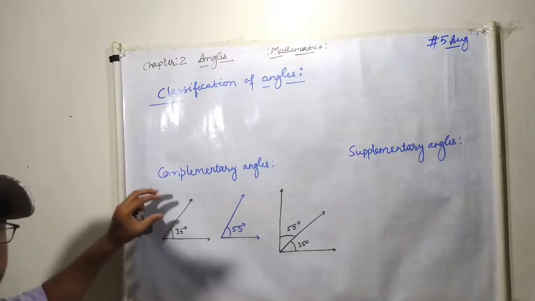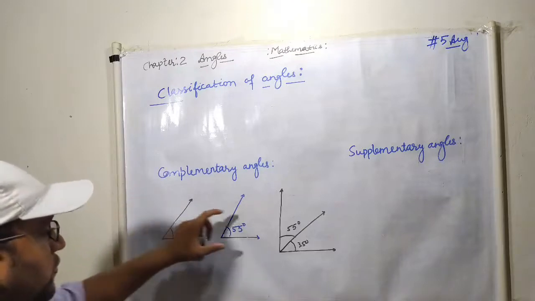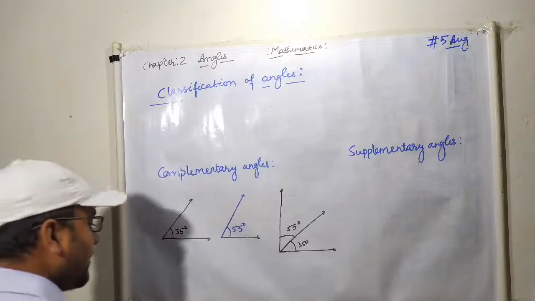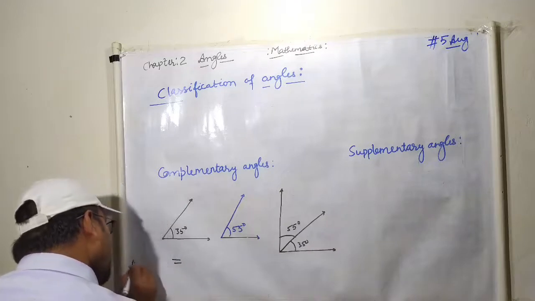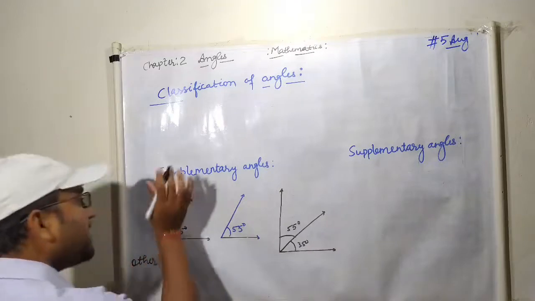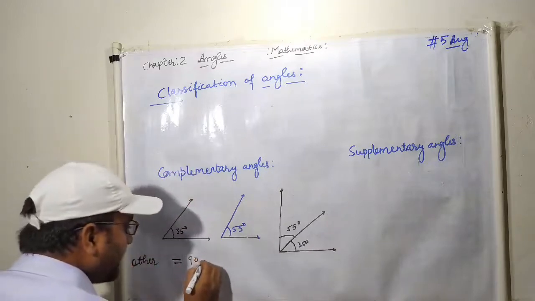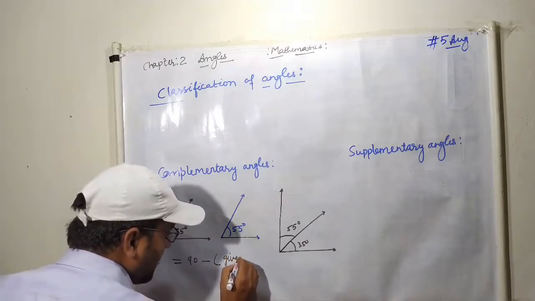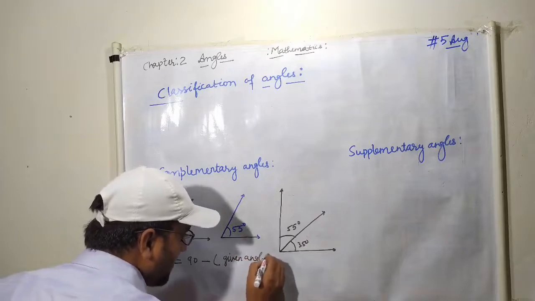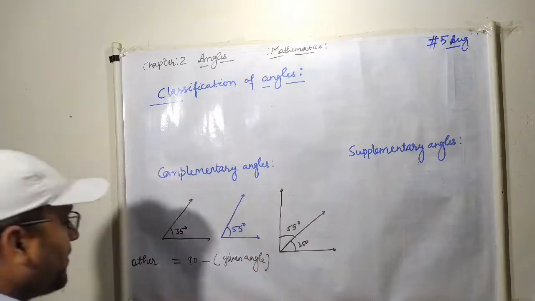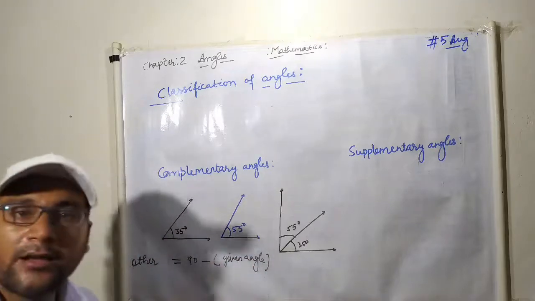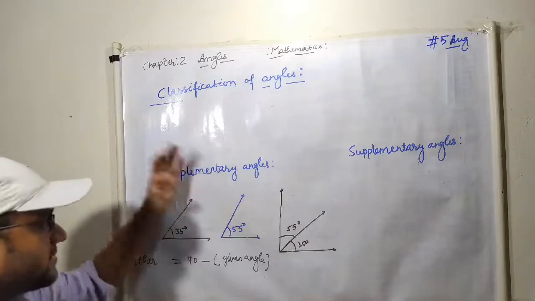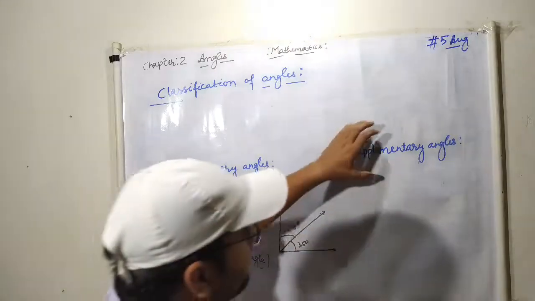If one angle is given, suppose 35, how do you find the other complementary angle? The other complementary angle is equal to 90 minus the given angle. From 90 you subtract the given angle, and you get the other complementary angle.